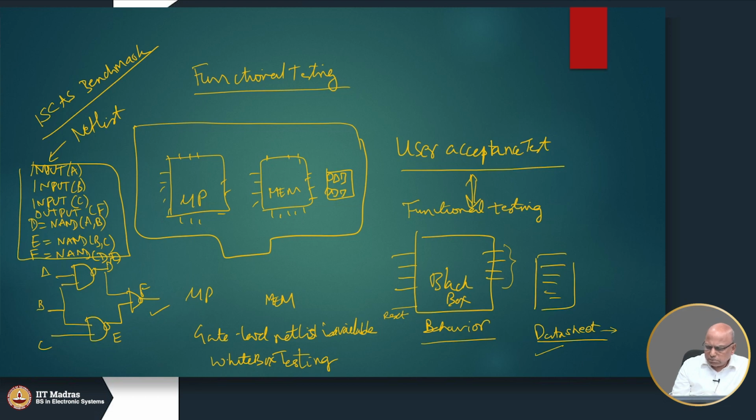Then you may take some other benchmark which does, let us say, some arithmetic instructions, okay. Maybe you have a program for computing the average of some numbers or something like that, and if that also works correctly, your confidence further improves, okay.